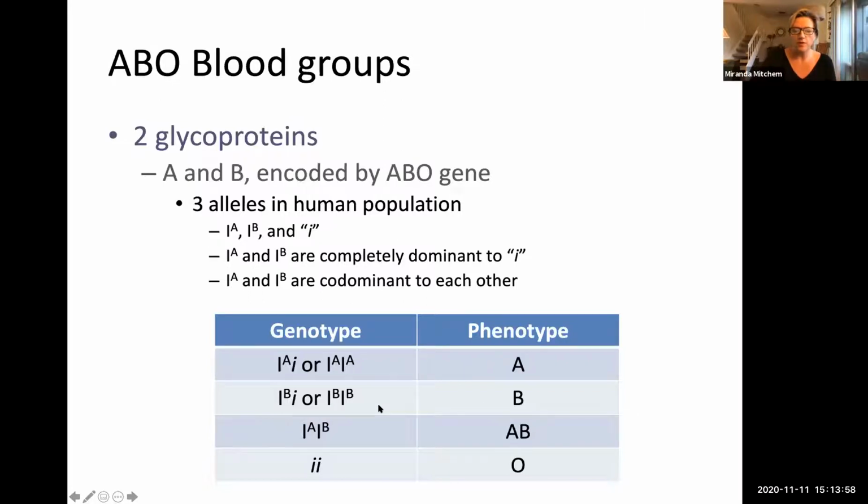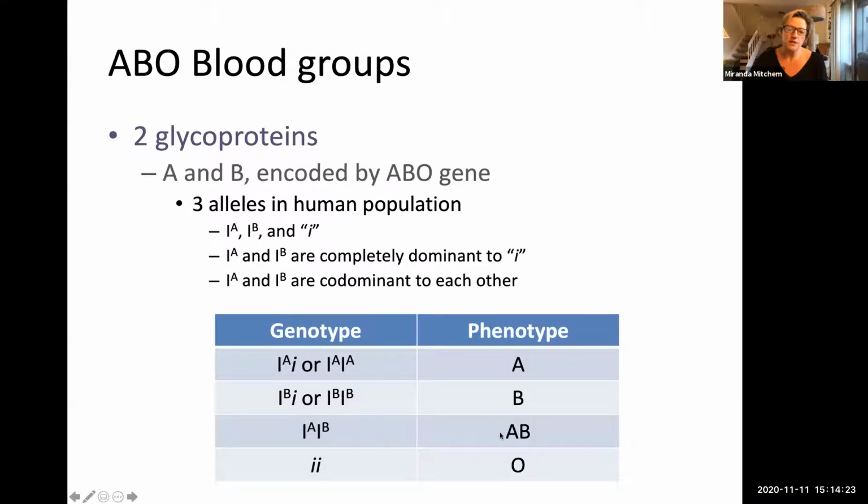The same is true for B, but now we're talking about the B carbohydrate gene. We've got big B with the recessive form of the allele, or both dominant versions of the B allele. And then here's where we see the codominance, with the phenotype AB.